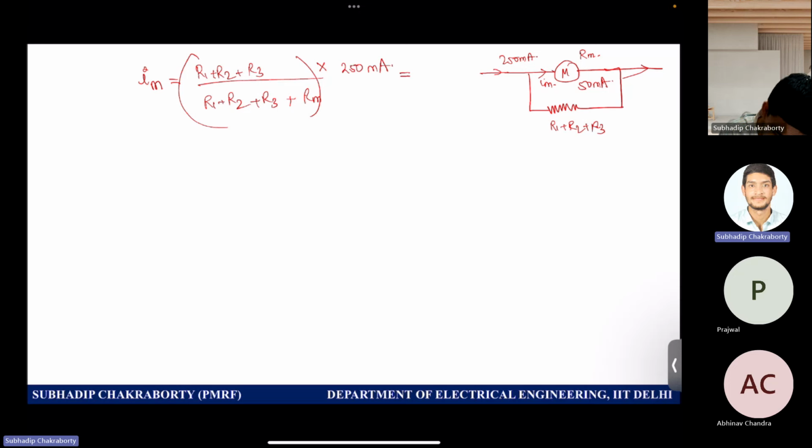So what is this? This you know to be 50 milliampere, right? So one equation you got: R1 plus R2 plus R3 divided by R1 plus R2 plus R3 plus Rm is nothing but 1 by 5, right?